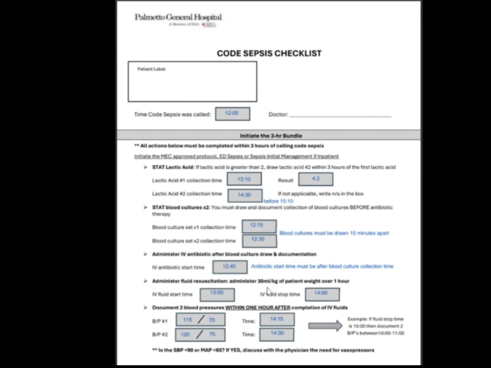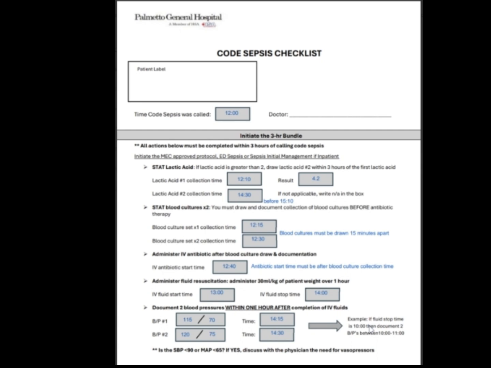If not, we are going to give 30 mLs per kilo. You have your fluid start time and your fluid stop time. It's very important that you do stop the fluids in the MAR, because after your fluids have been administered, you need to document 2 blood pressures within 1 hour after the completion of IV fluids.